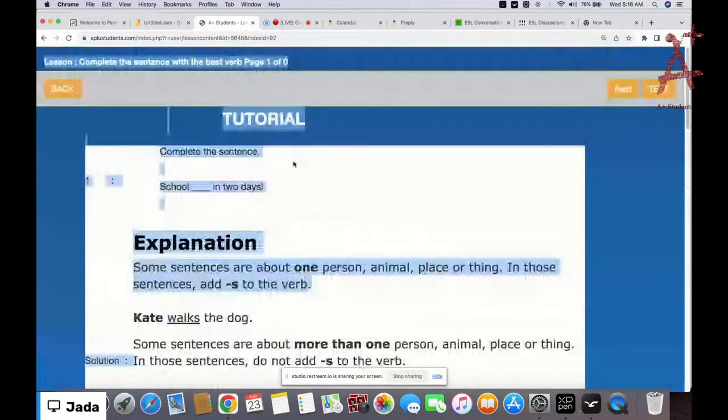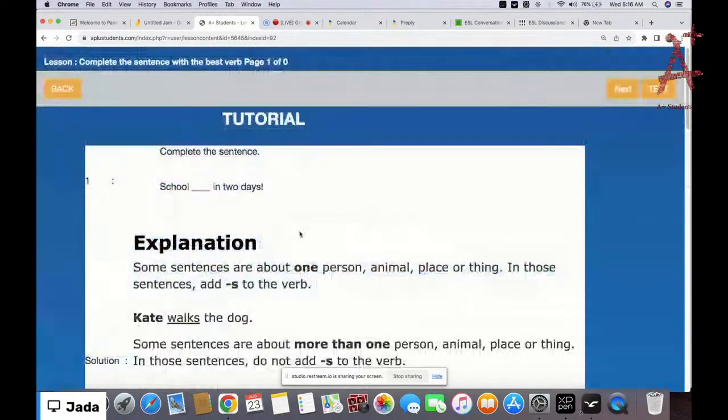Just like from the past lesson, once you see the subject, for example, we have school now and it is one school. It doesn't say schools with an S, it just says school. So school is just one. Since it's just one school, what is going to be the suitable verb?